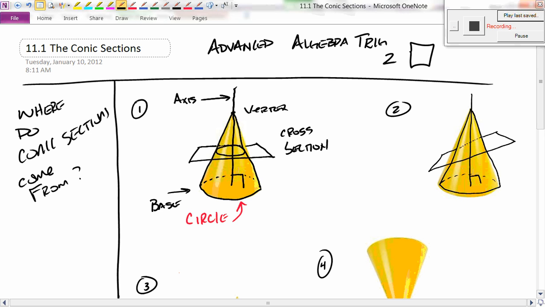That's okay, don't worry about it. If you tilt it up on the side, the figure that's created from the cross-section is elliptical. So you can actually get an ellipse from a cross-section of a cone as well. So an ellipse is our second conic section. Yeah, it's a cool word.